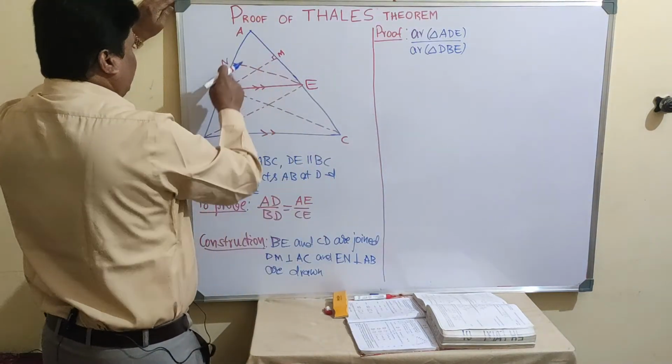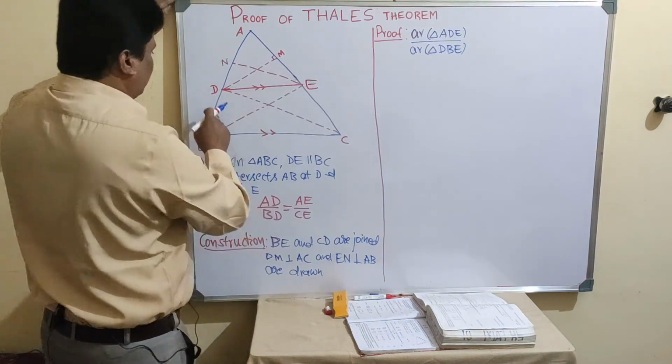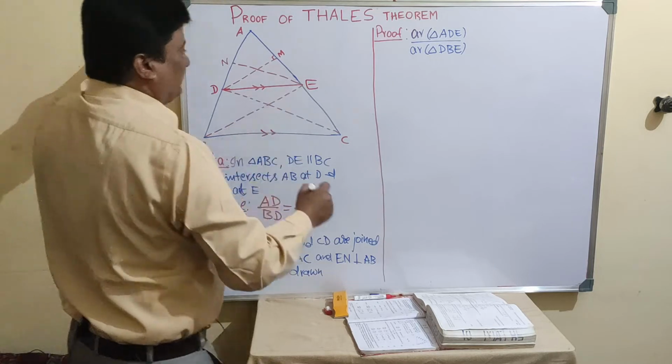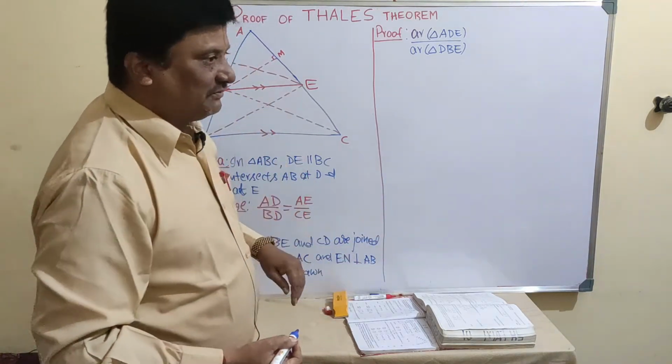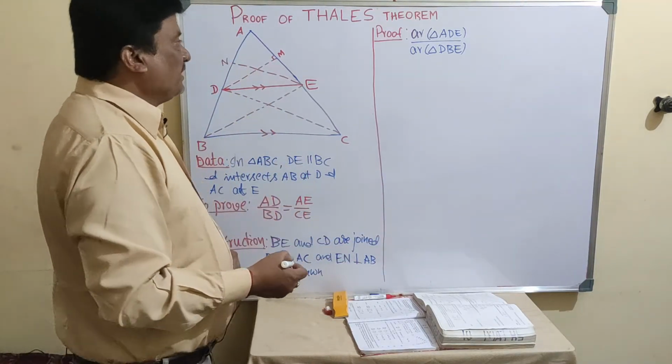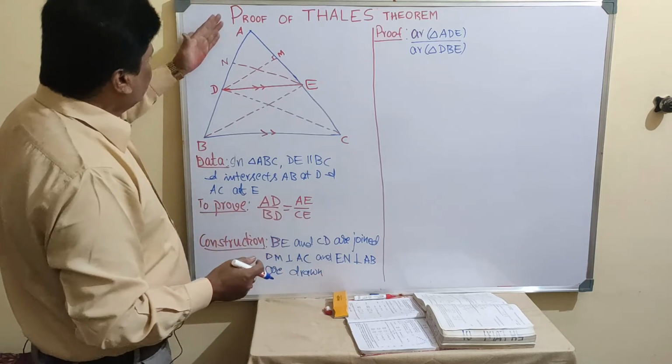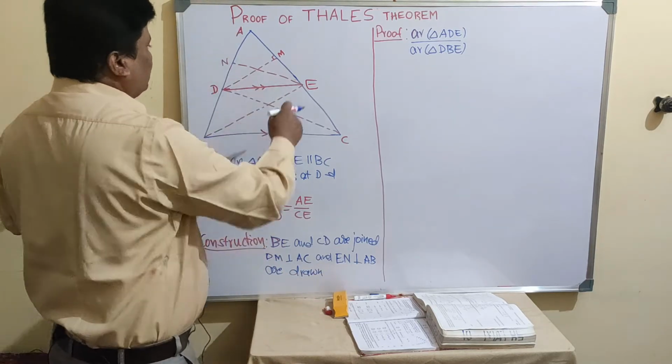As we know, the area of a triangle is found using the formula half into base into height. Here the base is AD and the height is NE.